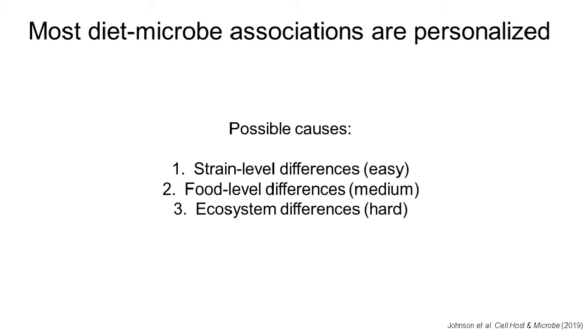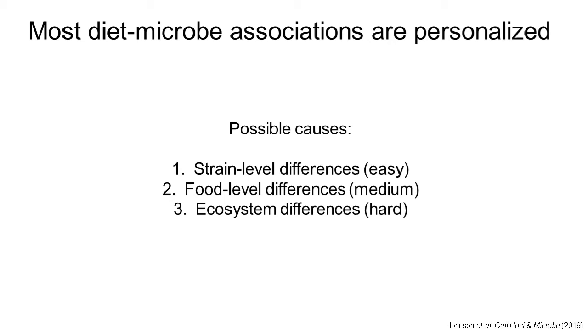And then the last possibility for these personalized diet microbiome interactions is ecosystem differences. And I call this hard because even if you and I have the same strain of Bacteroides 116 and we're eating the exact same spinach prepared in the exact same way, the rest of our microbes might be different.